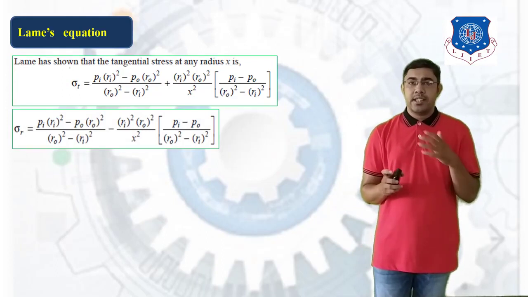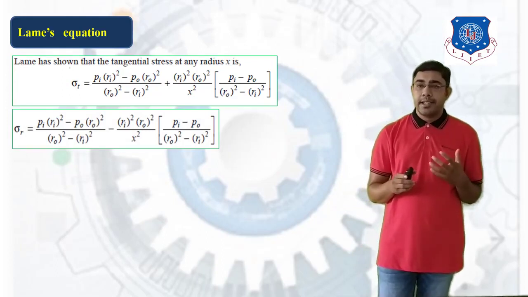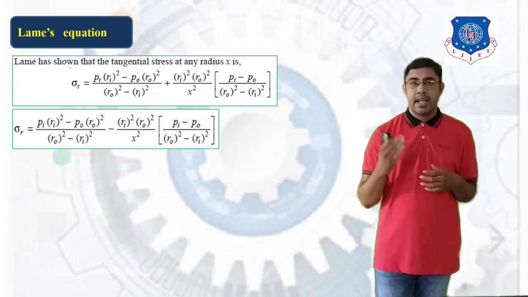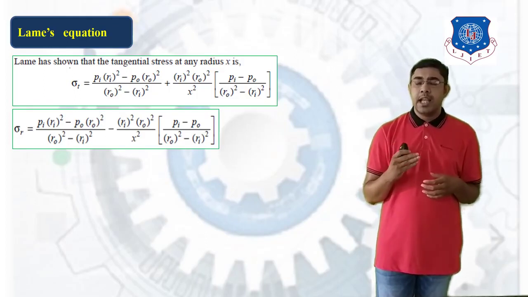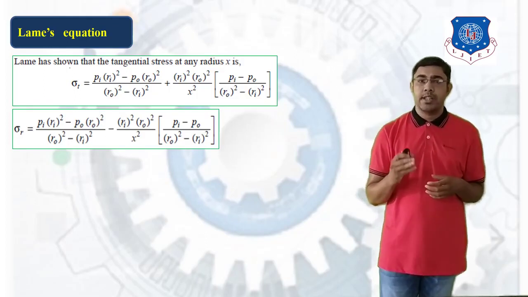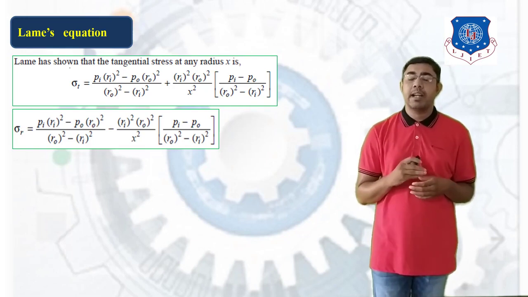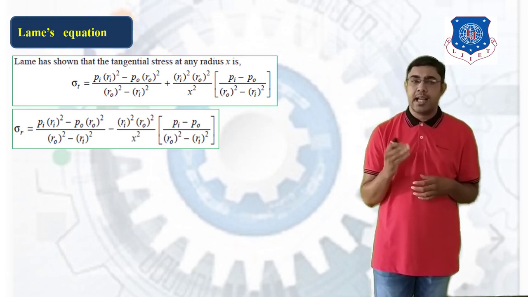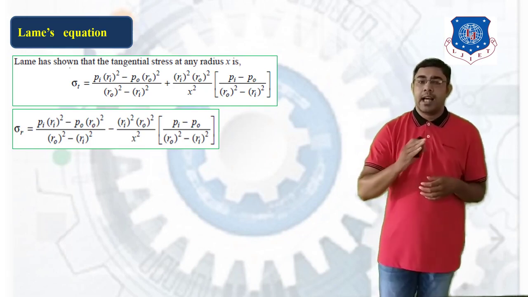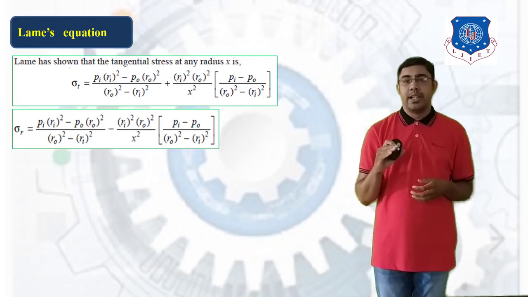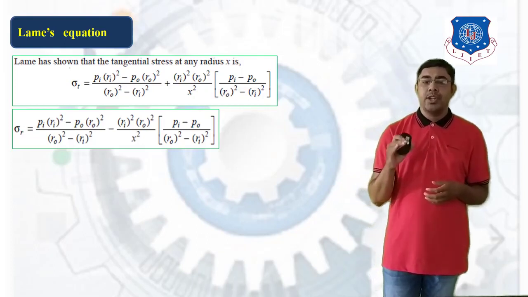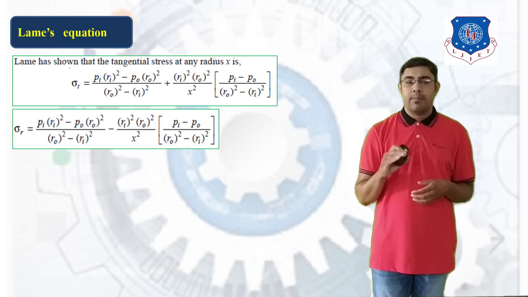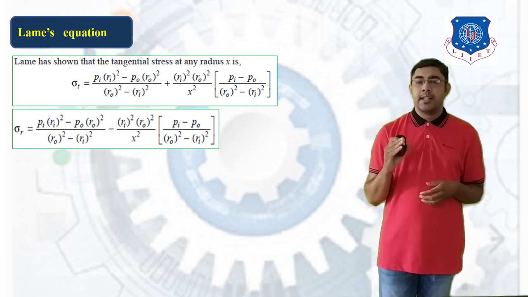And sigma r is the radial stress at any radius x, that is (Pi Ri square minus Po Ro square) divided by (Ro square minus Ri square), minus (Ri square Ro square divided by x square) into (Pi minus Po) upon (Ro square minus Ri square).